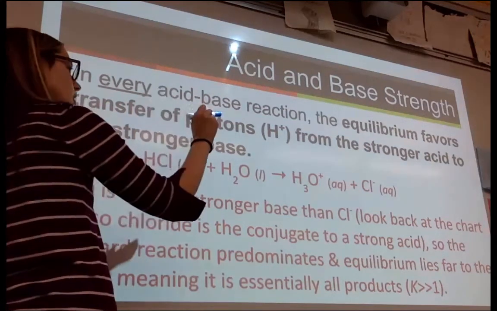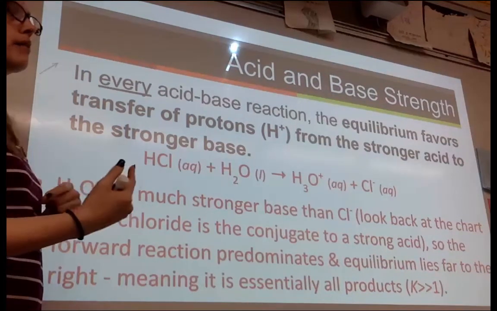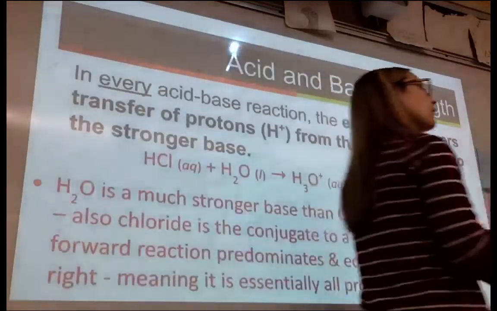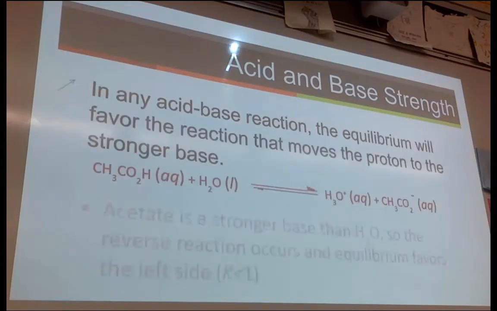That means that the stronger acid and the stronger base act as the reactants. Maybe your forward reaction occurs, maybe the reverse reaction occurs, but the stronger acid and stronger base must be the reactants.